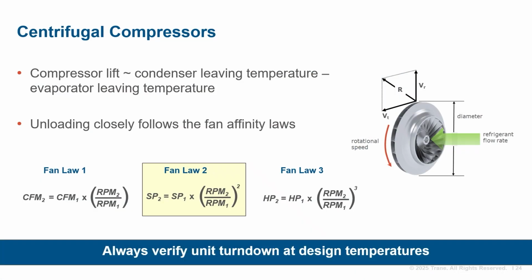In most heat recovery and heat pump applications, lift must be maintained to meet the design hot water and chilled water supply temperatures. Depending on the unit, this may limit centrifugal chiller unloading characteristics. Always verify unit turndown with the manufacturer at the intended operating temperatures.